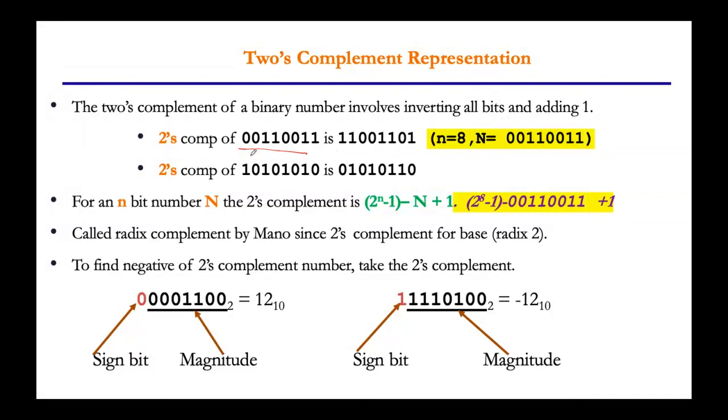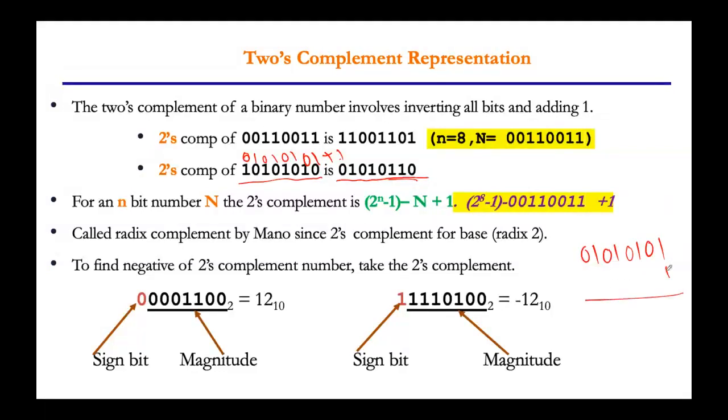Then its two's complement is obtained by inverting all these bits to 11001100, and then adding 1, which gives 11001101. Suppose you have another number, 10101010. Inverting gives 01010101, and adding one to this gives 01010110.